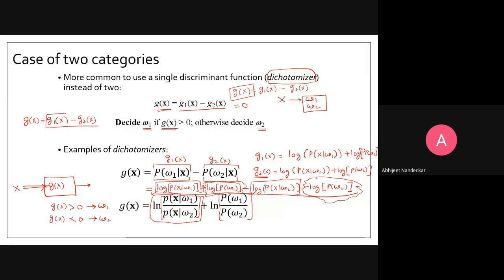When the first term is greater than the second term, your answer is positive. When G1(x) is less than G2(x), your answer is negative. So that's why I'm saying when g(x) is greater than 0, that means it is positive, you will say your input belongs to omega 1. If it is negative, then you will say your input belongs to omega 2. Okay, I hope you have understood this.